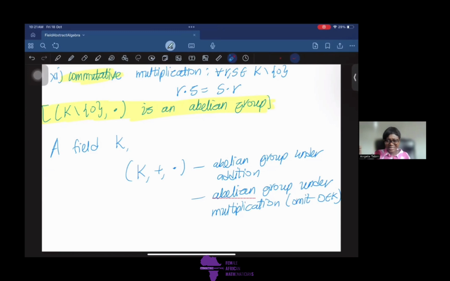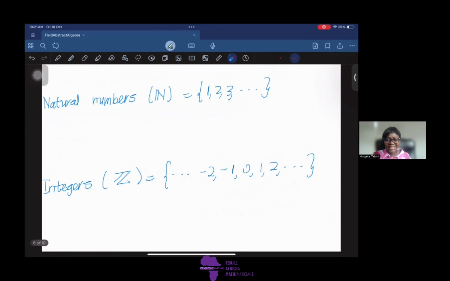Let's move on to look at certain examples of fields. So scalars, you are thinking of numbers. When we learn numbers, one of the first number systems we learn is the natural numbers. So think of counting 1, 2, 3, and so on. Will this be a field? Let's test and see. If you add two natural numbers, you get another natural number. Yes. If you have three or more natural numbers and you add them, will the addition be associative?